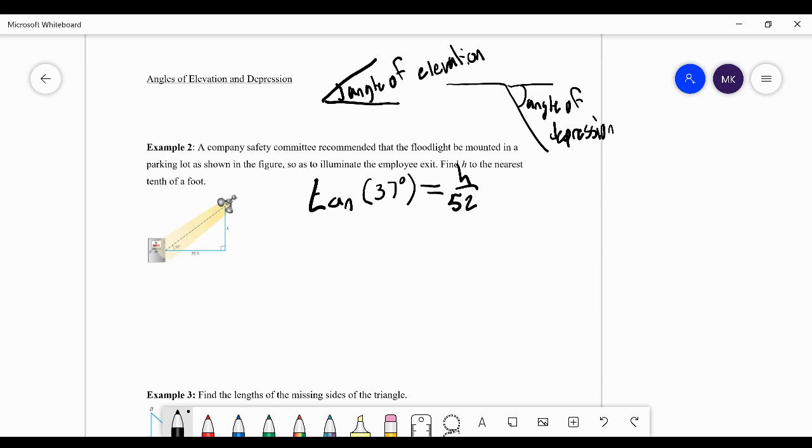All right, this looks like something we could solve. So before we deal with anything, let's just get h by itself. And the way we do that is very simply multiply by 52. That cancels, multiply by 52. So what we end up with is 52 tan 37 degrees equals h.